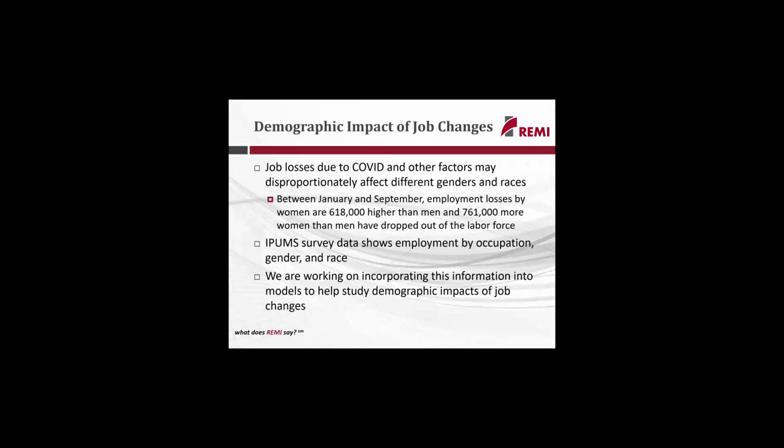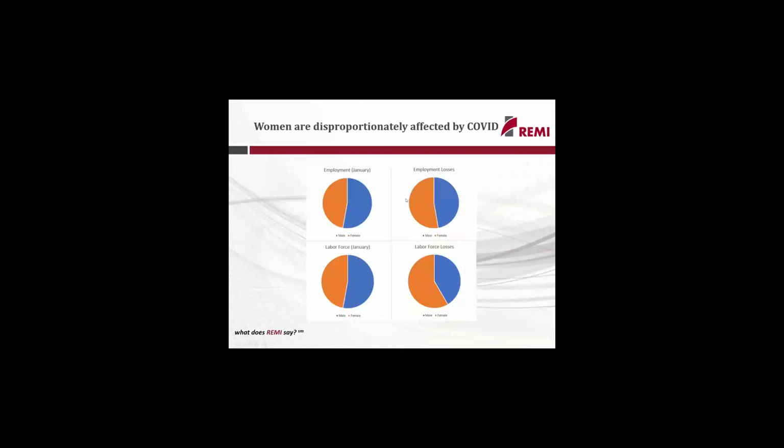So one of the things we are working on is using some of this IPUMS survey data, which has employment by occupation, gender, and race. We want to incorporate this into the model to help show the demographic impacts of different types of job changes, for COVID and other causes of job loss. I put together a quick little chart here, and the male is in blue.